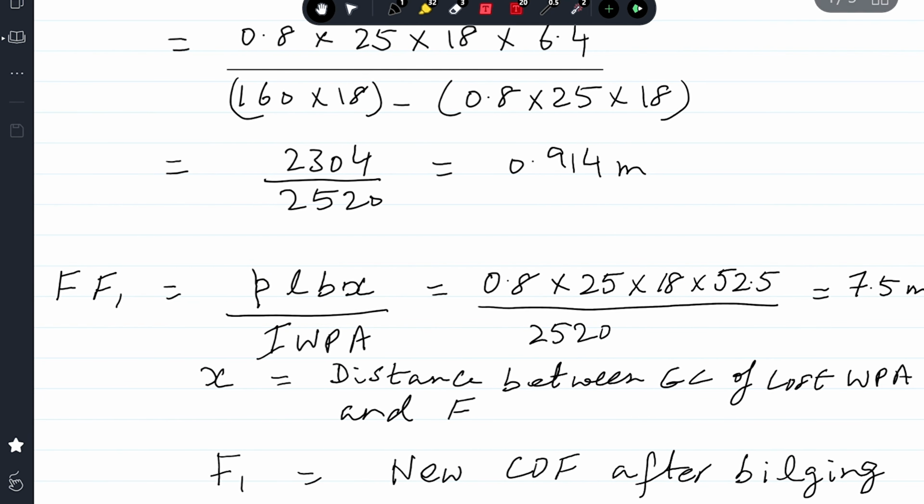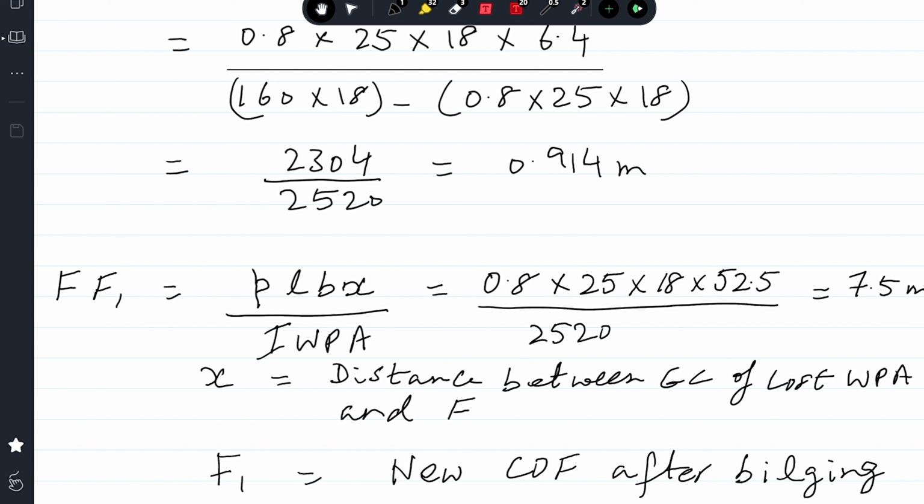Okay, now to find the new center of flotation, F1. The original center of flotation is F, and it has shifted now aft from F to F1. There is a formula for GG1: when we discharge some weight from the ship, the center of gravity G shifts to G1.